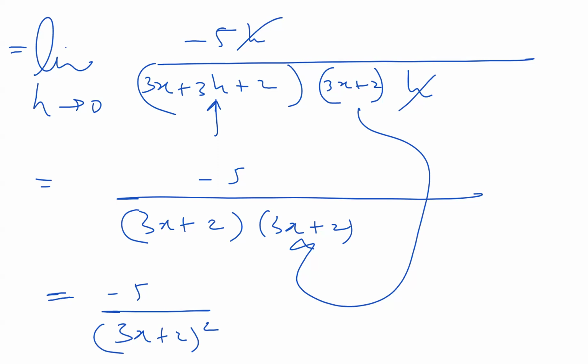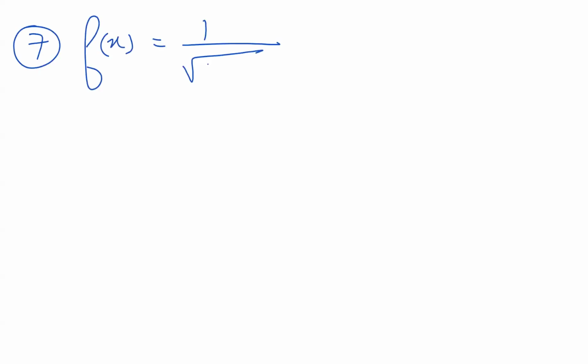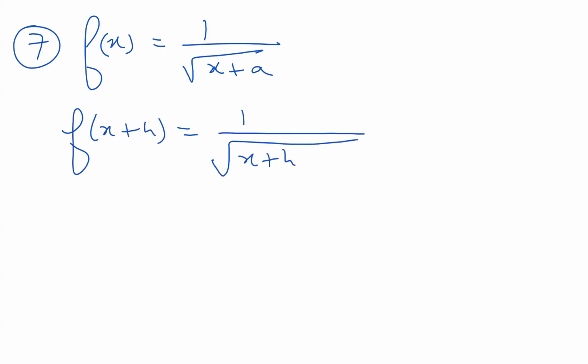Let us go to question number 7. f of x is equal to 1 upon root x plus a, a is a constant. f of x plus h is 1 upon root of x plus h plus a.